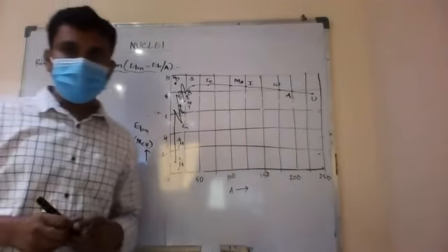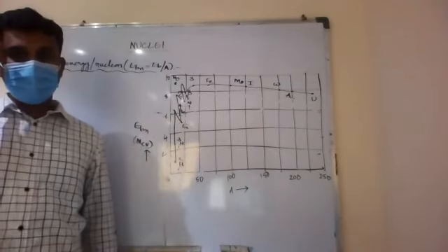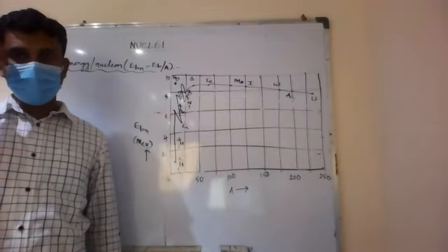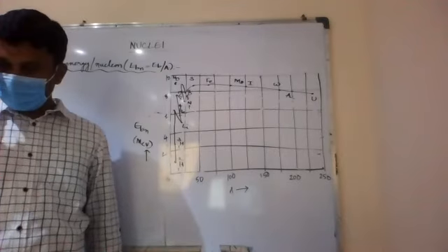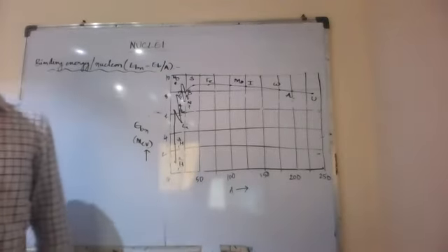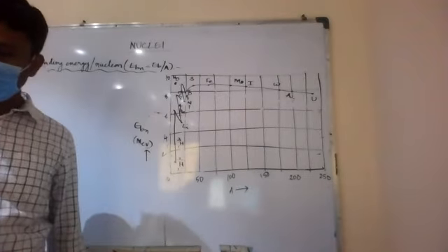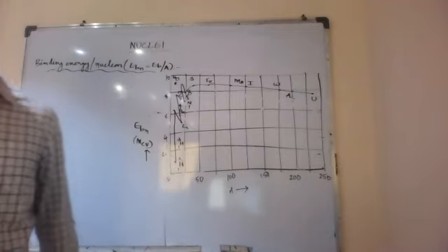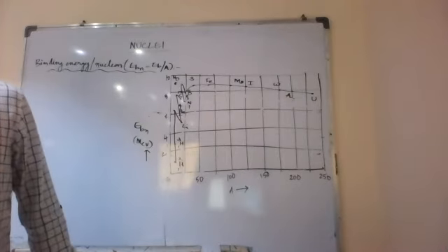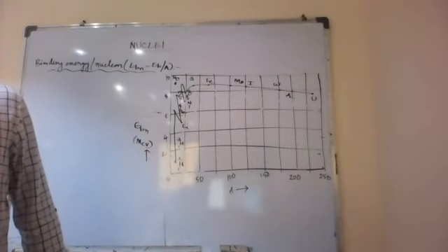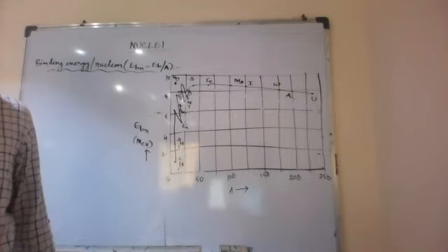Isn't the atomic number of molybdenum 42? So won't it be before Fe? If you look into the graph, 56, atomic mass is 56, I think it is for iron.